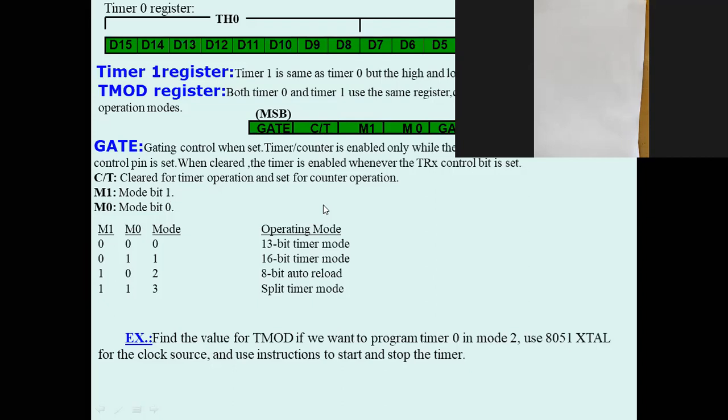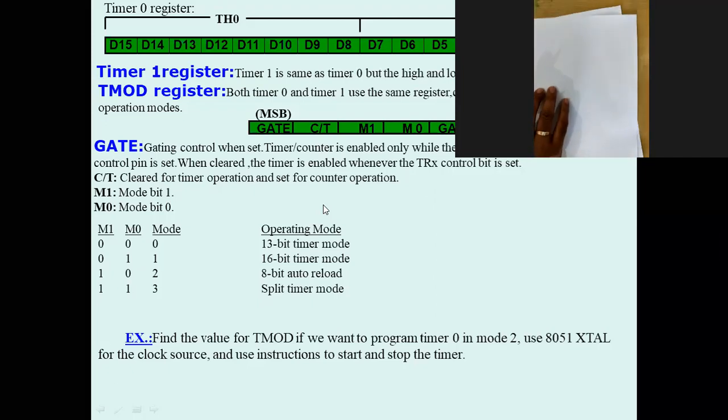These timers can be used as a timer or a counter, and most importantly, there are counting or timing modes that can also be selected. So there is the TMOD register.